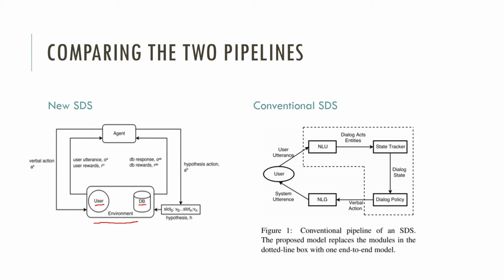We'll be going into more detail as to what a verbal action towards the user may look like, or a hypothesis action, as you can see here, what that means, and we'll also be explaining later what the hypothesis itself is. We can see that this will take care of many of the challenges facing conventional spoken dialogue systems that we've been over, because now it's simply one end-to-end system that can be optimized all at once.